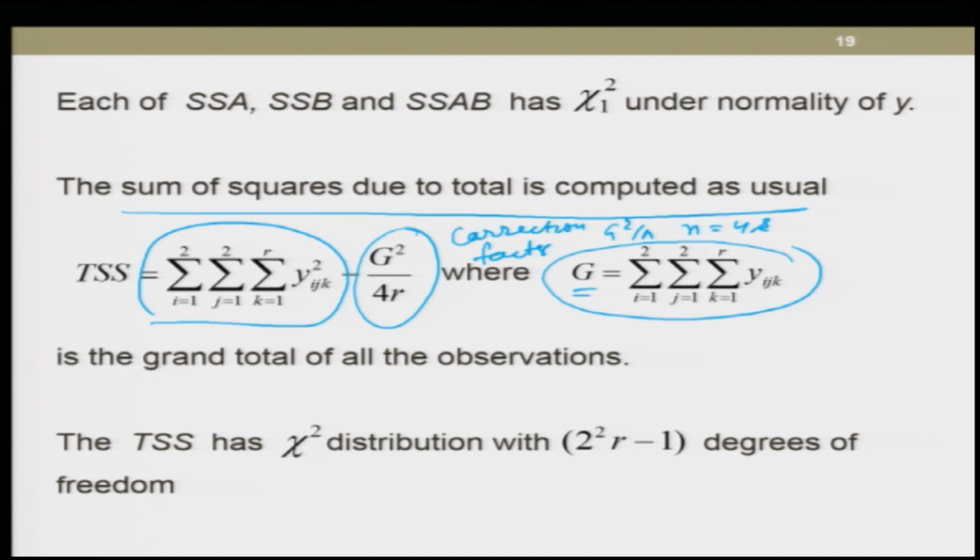And one can find very easily that this TSS will have 2 square times r minus 1 degrees of freedom, which is equal to 4r minus 1, which is equivalent to saying this has n minus 1 degrees of freedom, right.